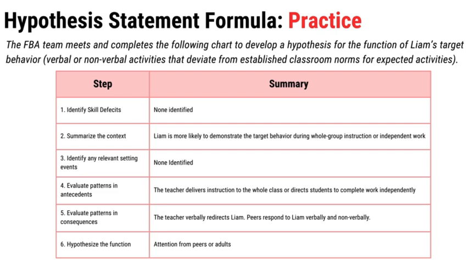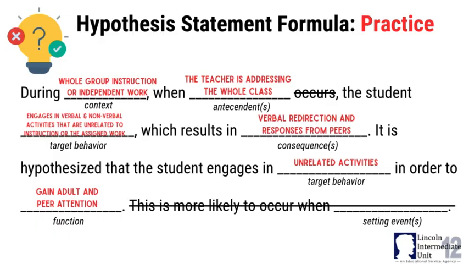So we're going to take this chart then, and we would fill in that formula that we created. During whole group instruction or independent work, that's the context. When the teacher is addressing the whole class, that's the antecedent. The student engages in verbal and nonverbal activities that are unrelated to instruction or the assigned work.